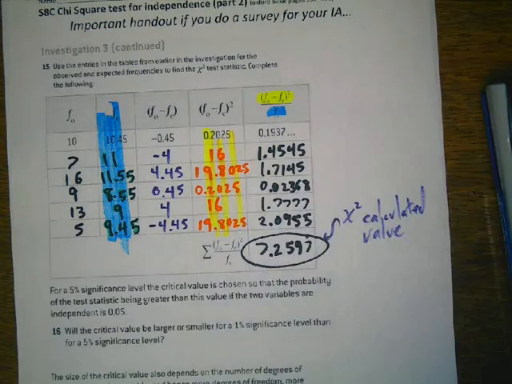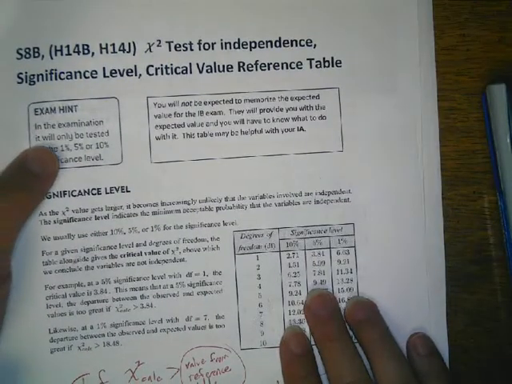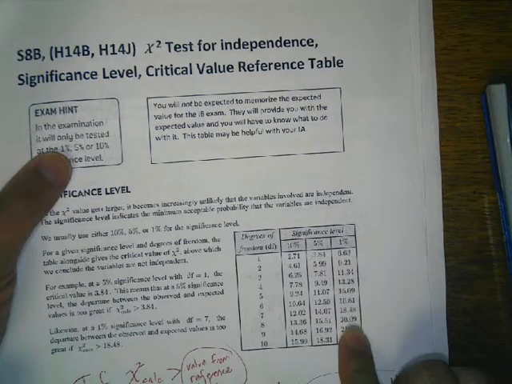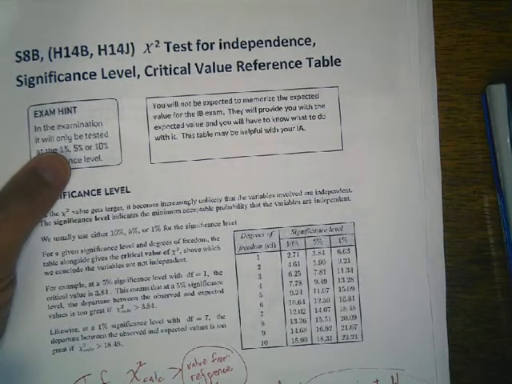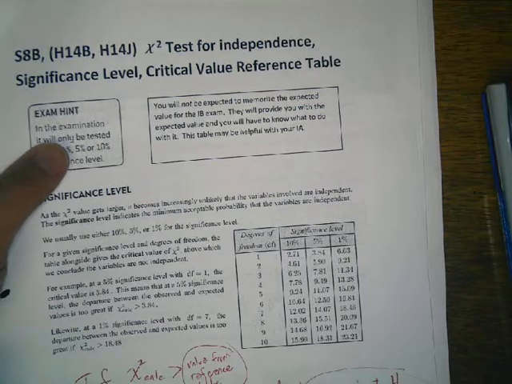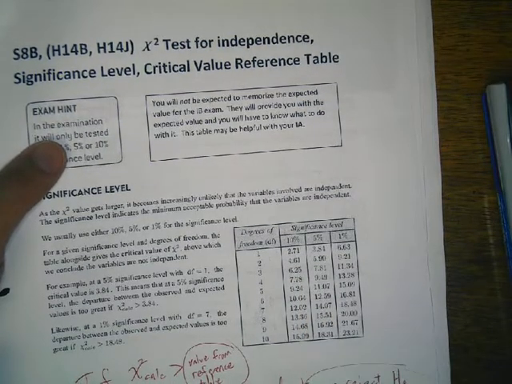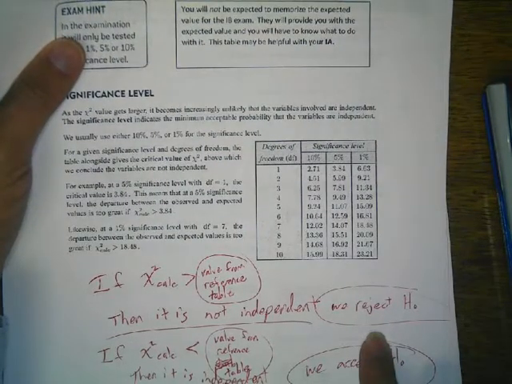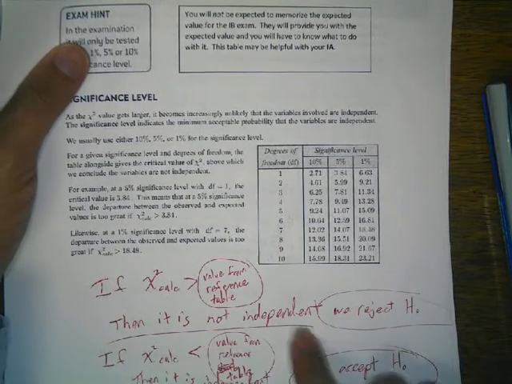Basically, if your calculated value is bigger than the value on the reference table, then you reject the null hypothesis, and you would know it's not independent.